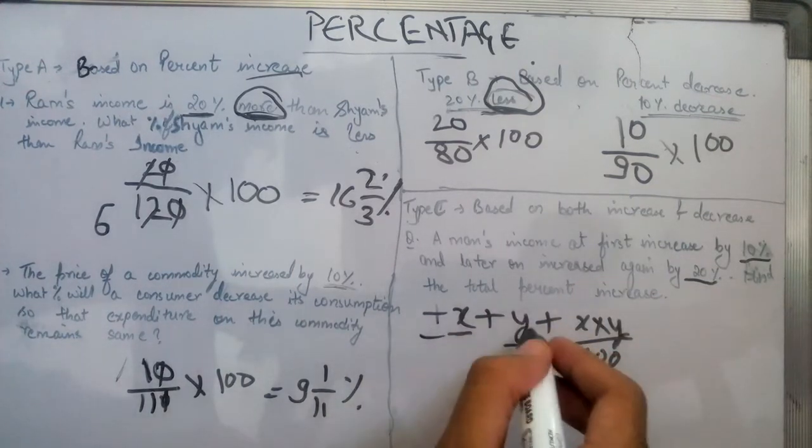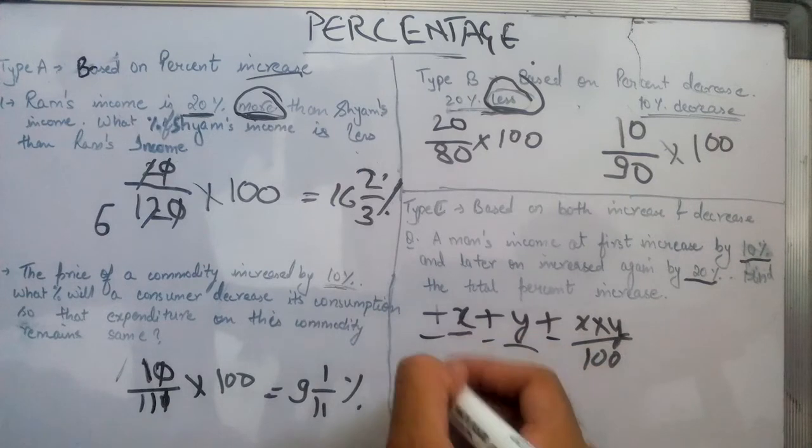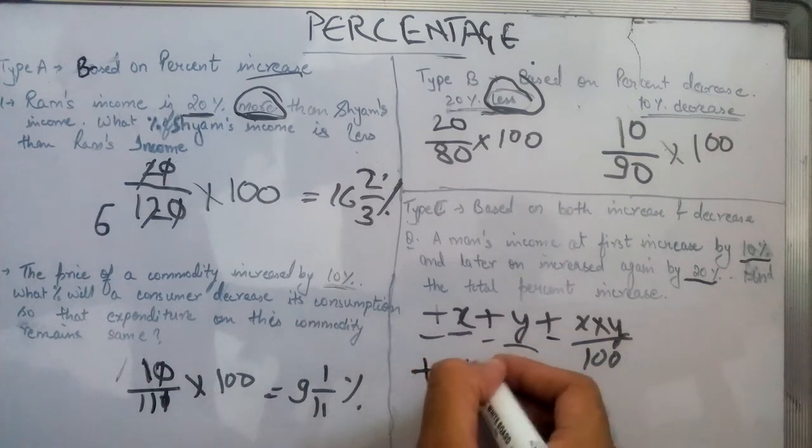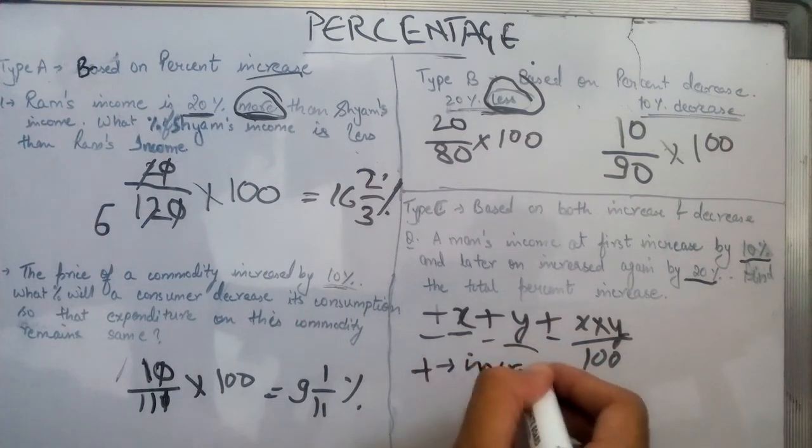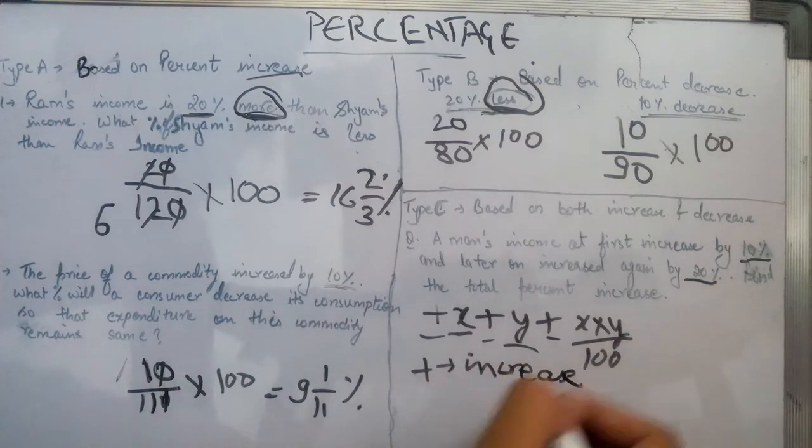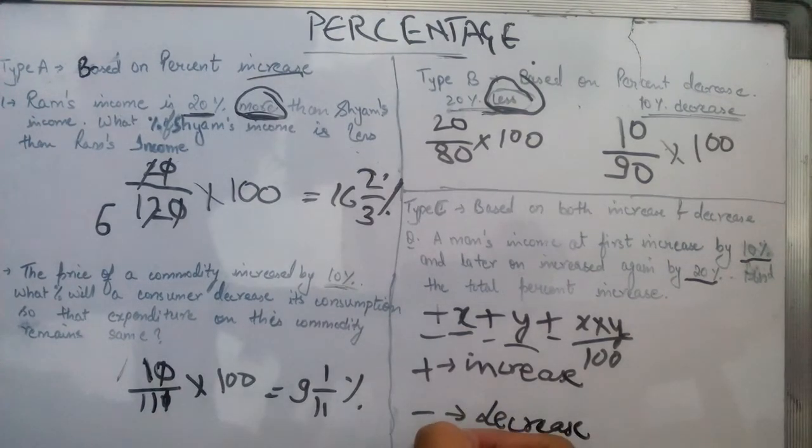Now what about these signs? The plus sign stands for increase, and the minus sign stands for decrease. So doing this question is like 10 plus 20, as both the things are increases, plus 10 into 20 upon 100.